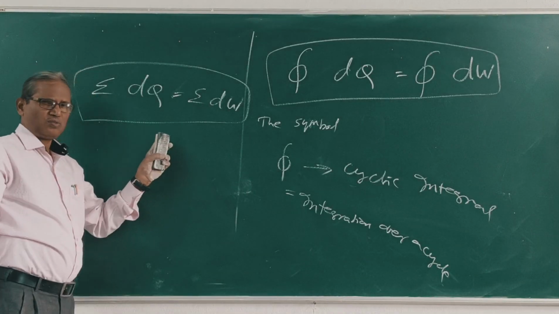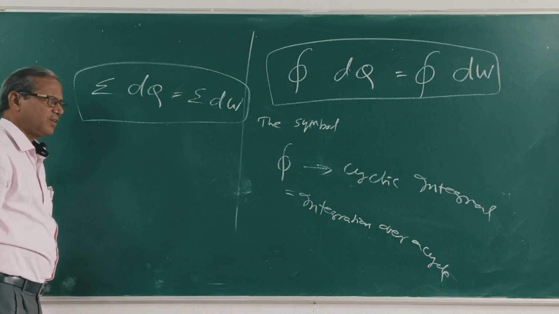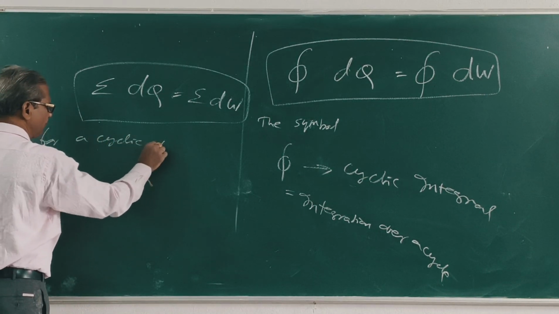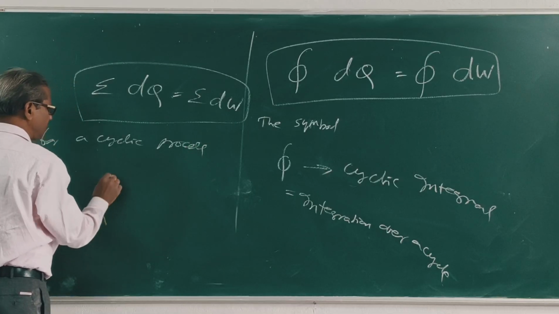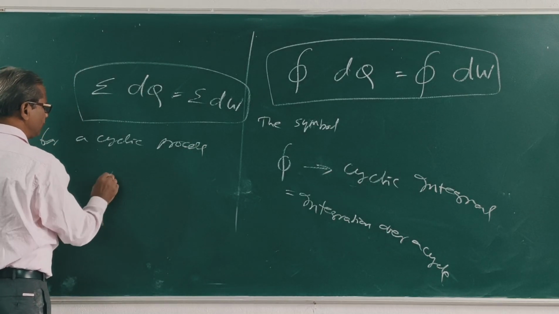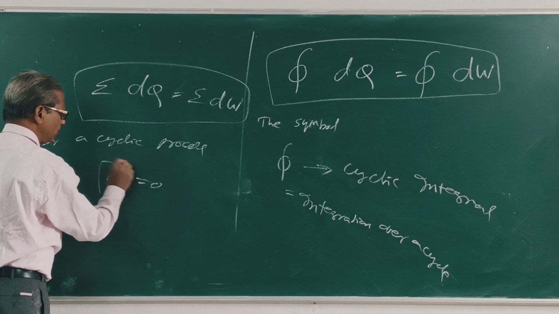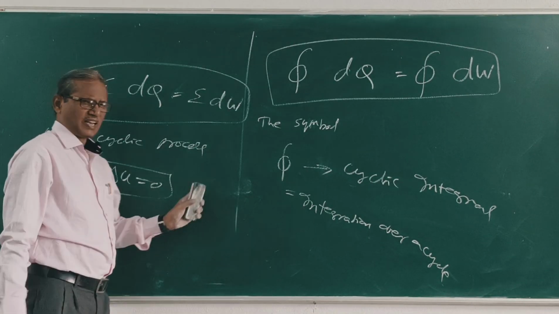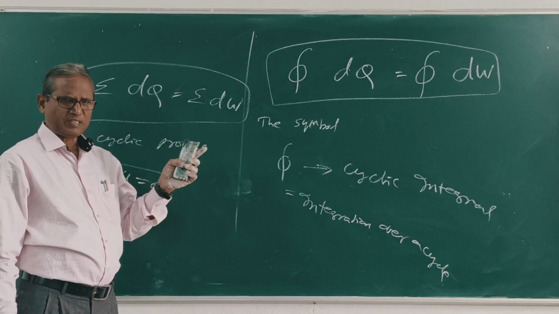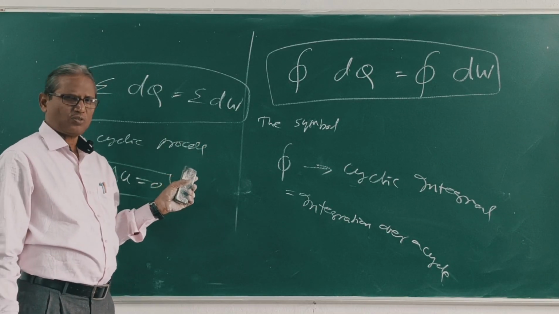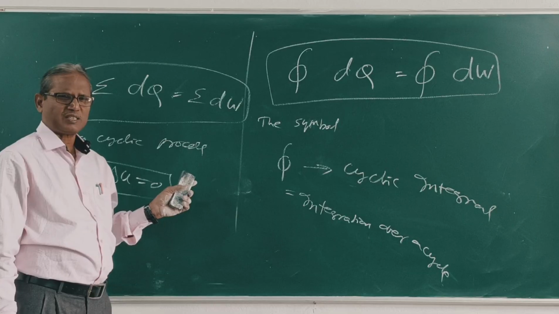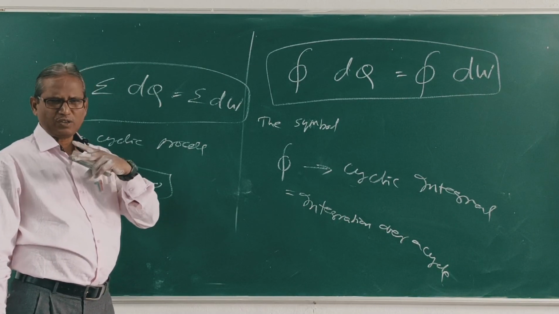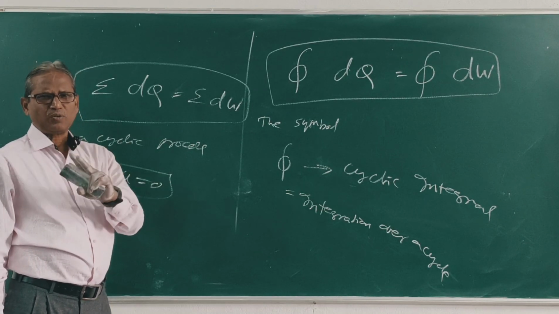Total heat transfer is equal to total work transfer. For a cyclic process, when the system completes a cycle, its change in internal energy is 0. So what is the law of conservation of energy? dQ is equal to dW plus dU. If dU is 0, dQ is equal to dW.